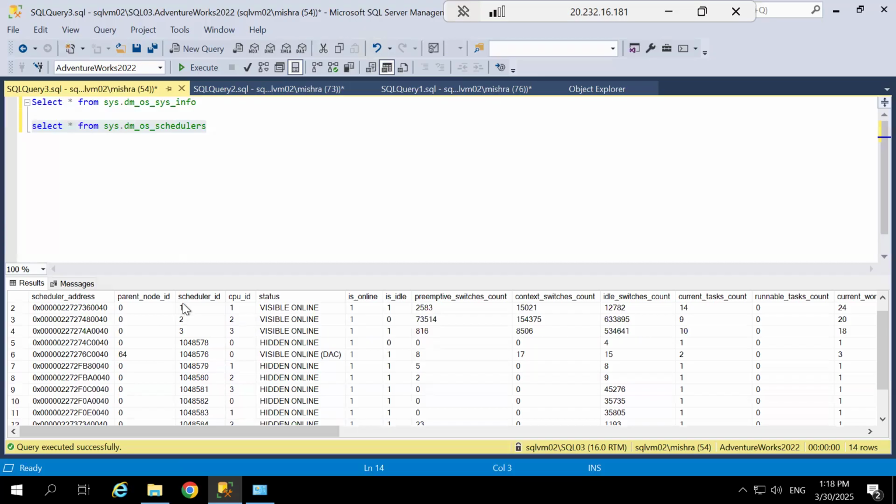And wherever you see these scheduler IDs 120, 123, you can say that these are related to the user query threads. For that, there is a query. Let me find that out.